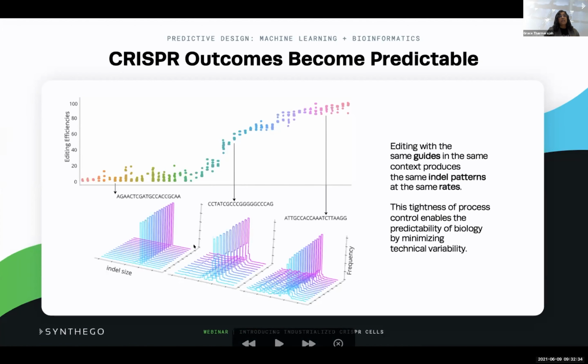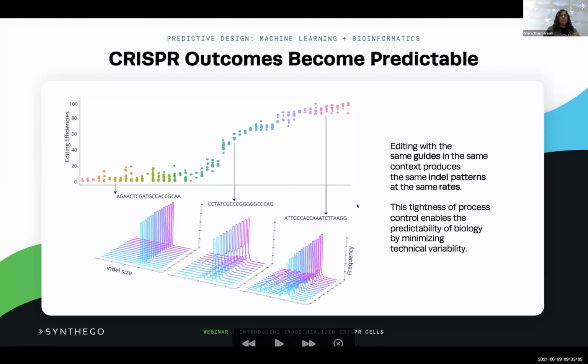The frequency of the different alleles that you would see in a pool, so with a given indel, such as let's say -2 or +4, also stay the same. And that is depicted by the fact that all of these guides are pretty much overlapping on top of each other, which is why they're shown at an angle, so you can actually see that a little bit better. And you see this actually across all three guides that we've highlighted here.